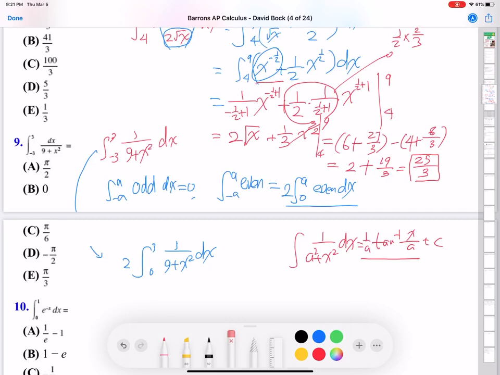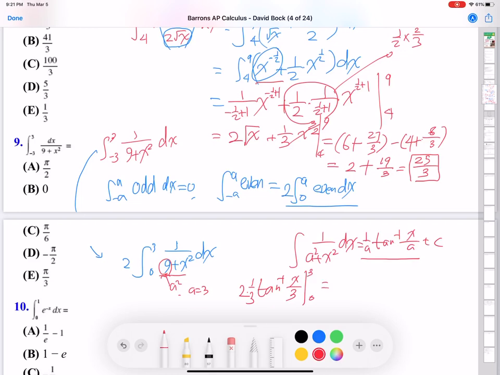That is exactly this form, a squared plus x squared. Then 9 is a squared, so a is 3. By that formula, 2 times 1 over 3 tangent inverse x over 3, from 0 to 3.